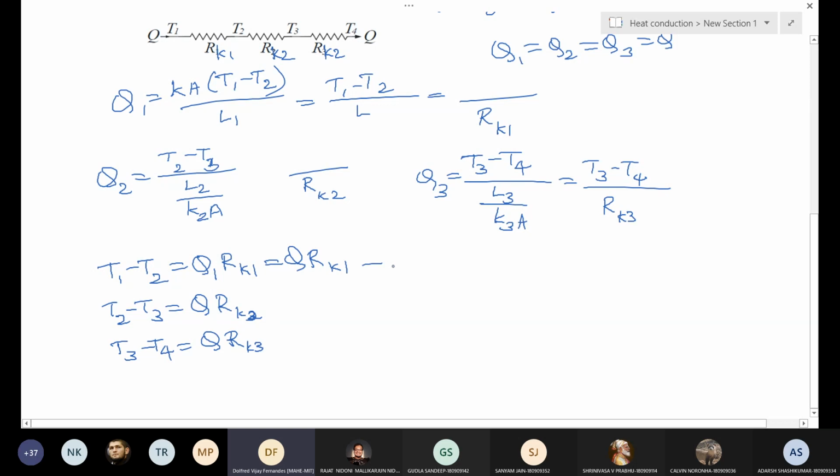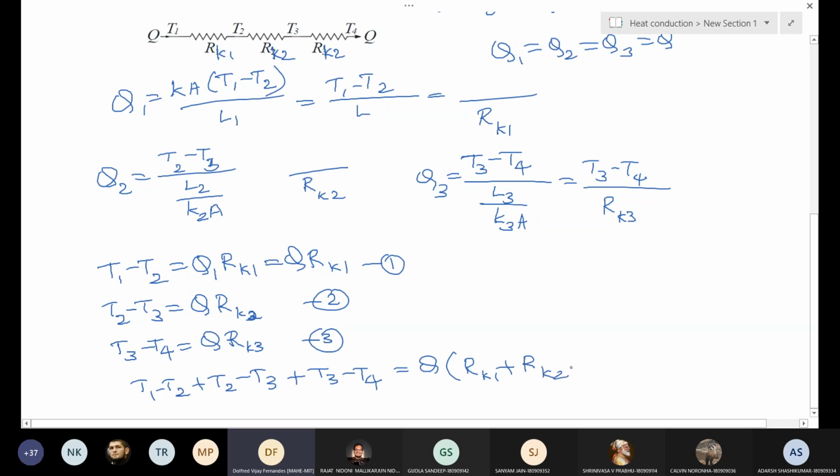So you can add these three. On the left hand side, T1 minus T2 plus T2 minus T3 plus T3 minus T4. On the right hand side, Q is common, so you have RK1 plus RK2 plus RK3.